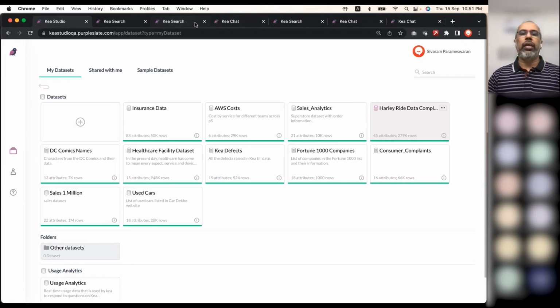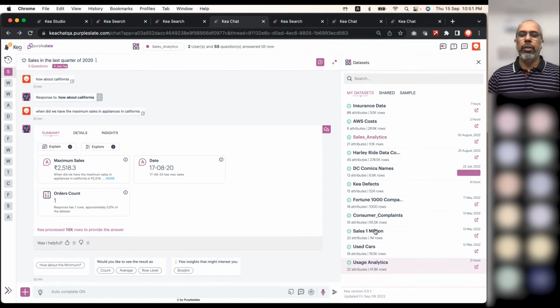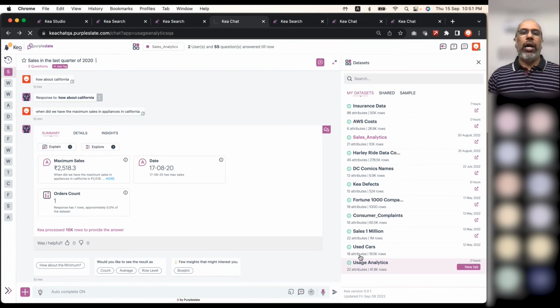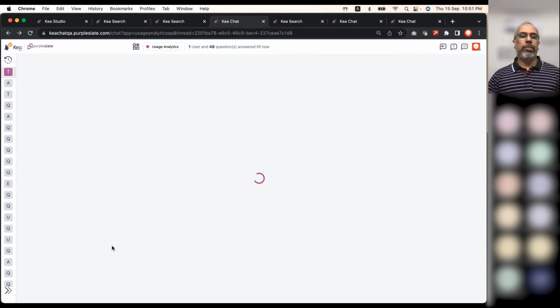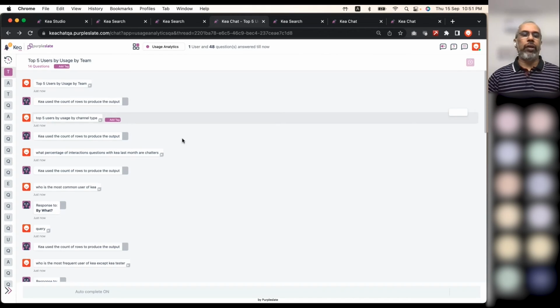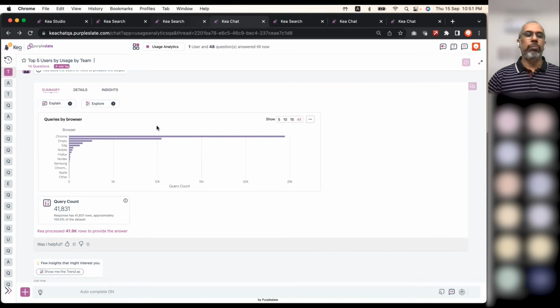What we have done is that even the way we have been using this particular application is itself available as a bunch of questions. If I really want to know how people are using this application, that data itself is available here.